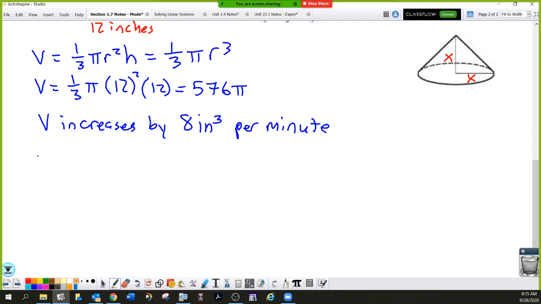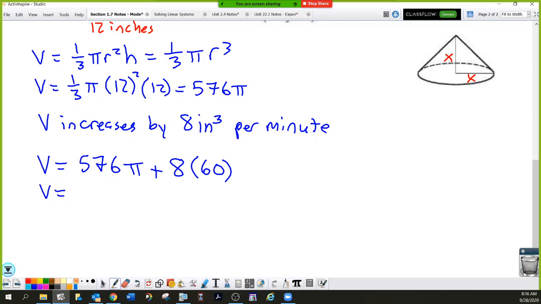So what we're saying is our volume in 1 hour will be the 576 pi that it is right now, plus the 8 cubic inches that is growing per minute, and we know we have 60 minutes in an hour. Right now the volume of the cone is 576 pi, and we are adding another 60 minutes worth of volume increasing.